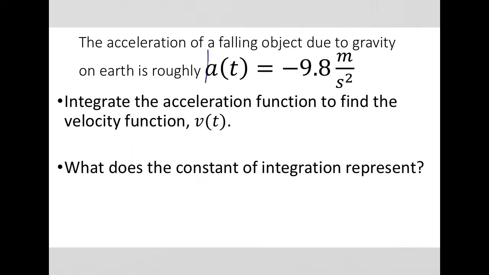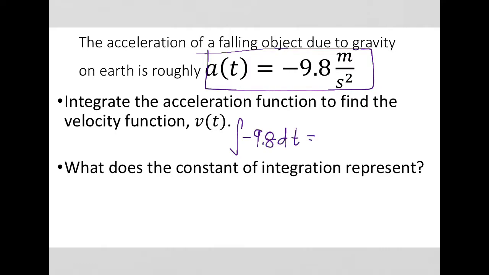Let's start with the observed constant of acceleration due to gravity on Earth, negative 9.8 meters per second squared. If we integrate that function, negative 9.8, with respect to time, we will get a velocity function. So when we do so, we get negative 9.8t plus our constant c.